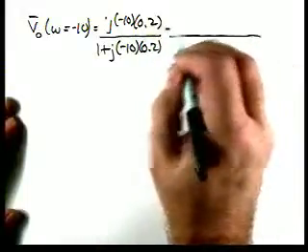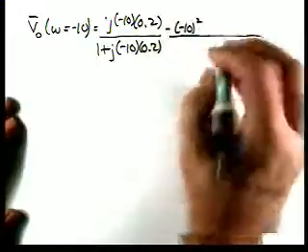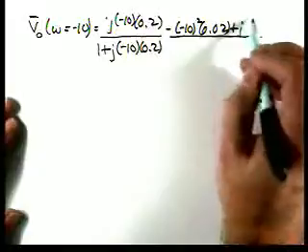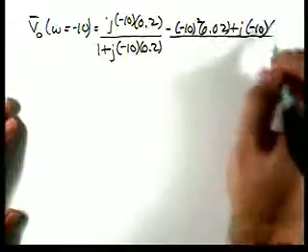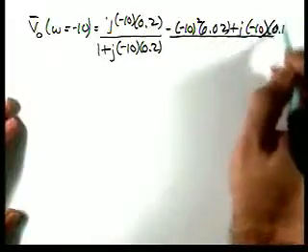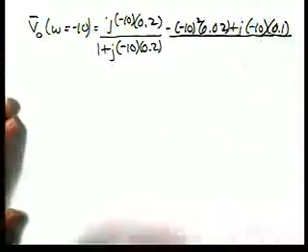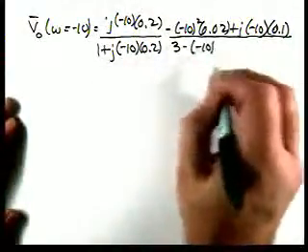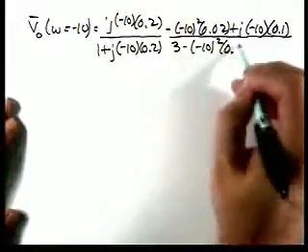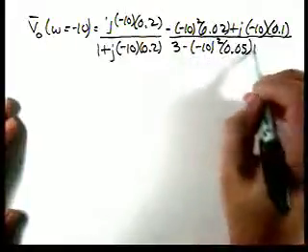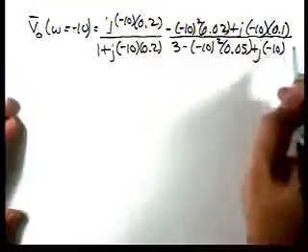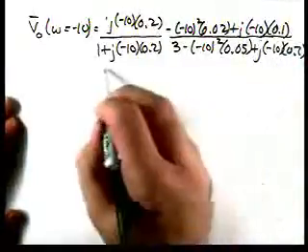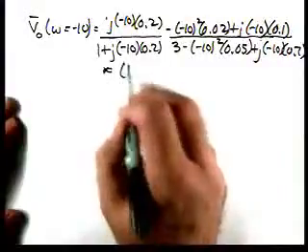We have minus 10 squared times 0.02 plus j times minus 10 times 0.1 over 3 minus 10 squared times 0.05 plus j times minus 10 times 0.7, and all this is going to be multiplied by 15 pi.